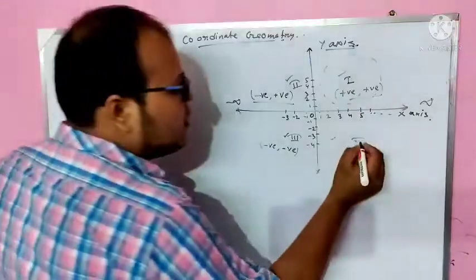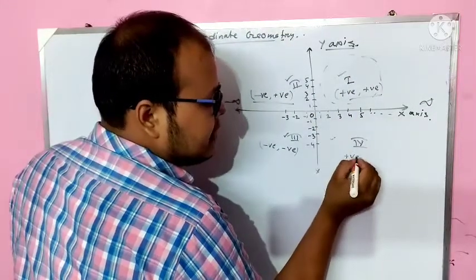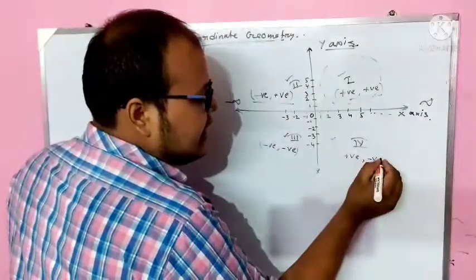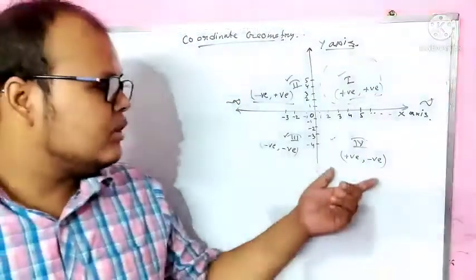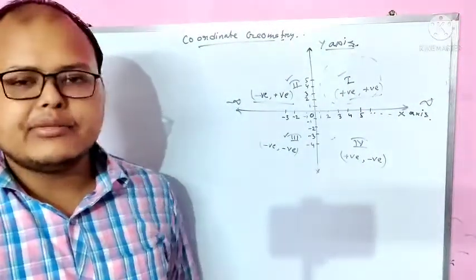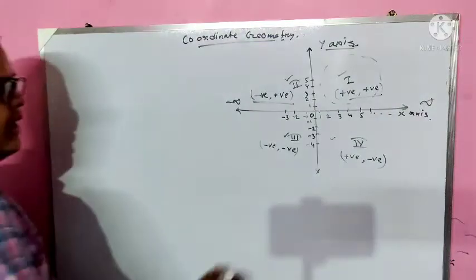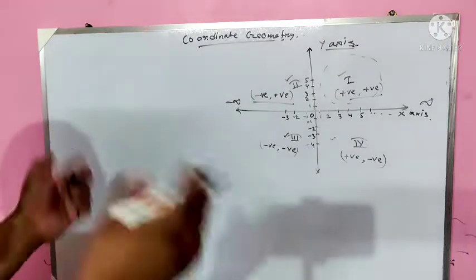In the fourth quadrant, the x coordinate is positive and the y coordinate is negative, so the points in the fourth quadrant are positive comma negative. This way we define the quadrants of a Cartesian plane.